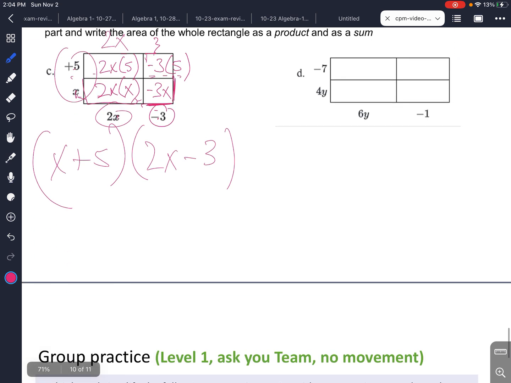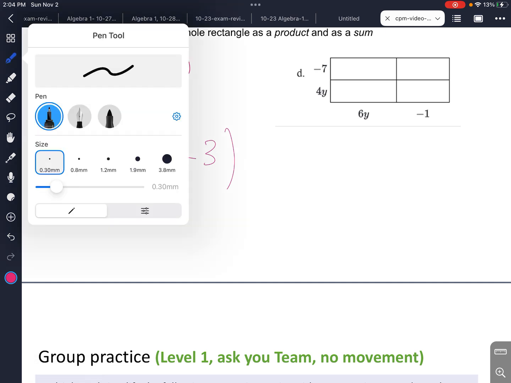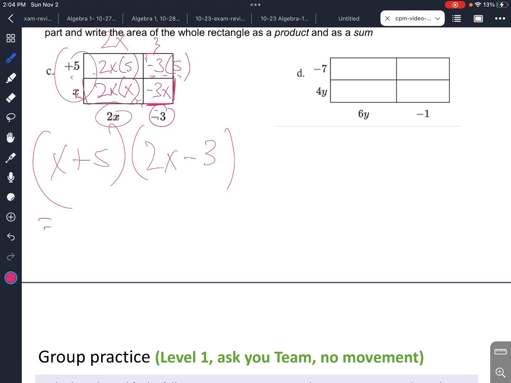So I have four things going on here. I have 2x times x. I have 5 times 2x.